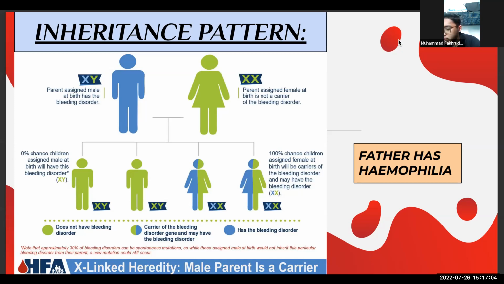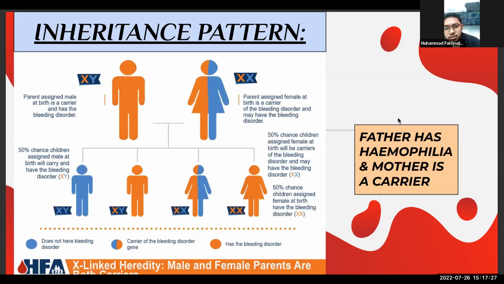So overall, from this condition, the probability to have hemophilia children is 0, and the carrier is 50%, and the healthy children is 50%. So next slide.